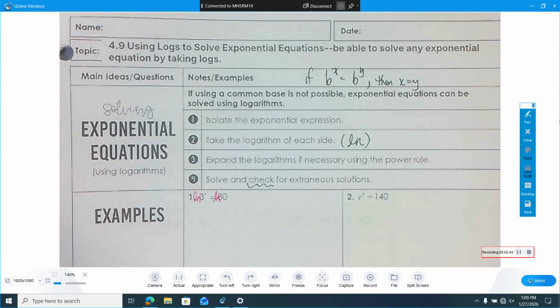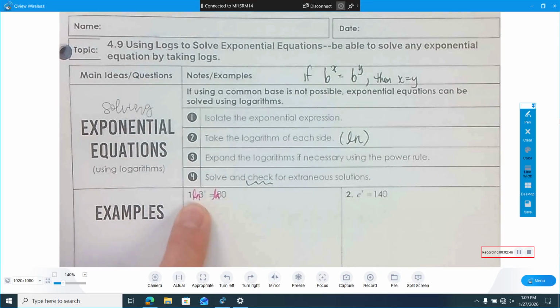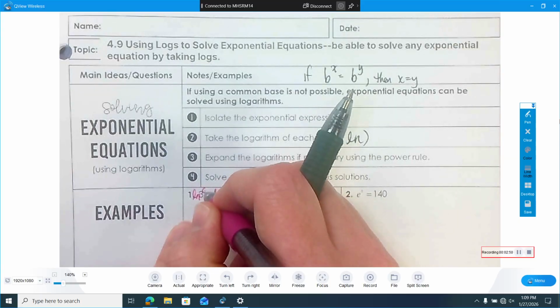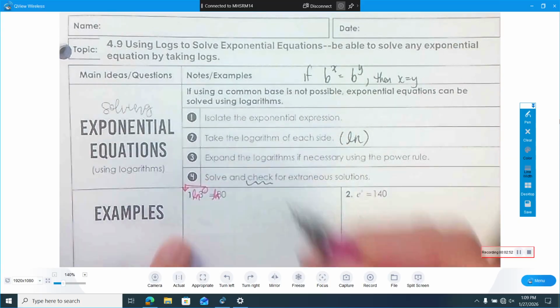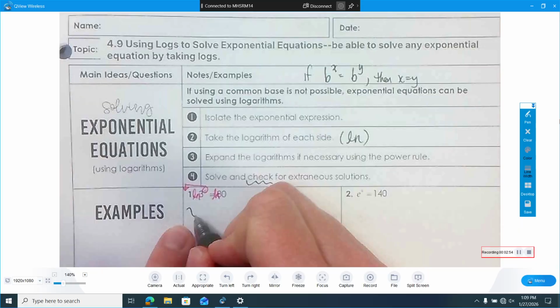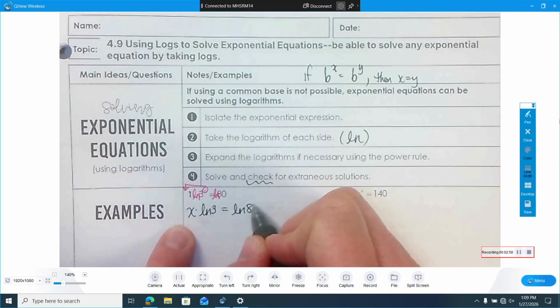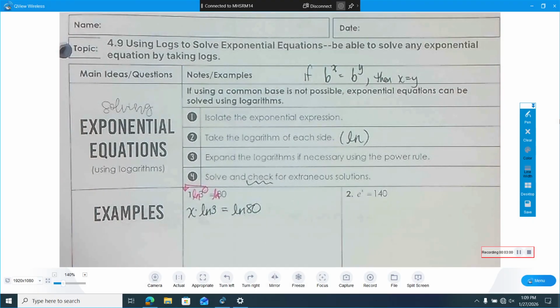And we have our log rules that say, hey, if there's a log, what do our powers do? Yeah, the power gets to drop down in front. And so we get x times the natural log of 3 equals the natural log of 80. And so we are taking logs so that we can drop our powers down, okay?